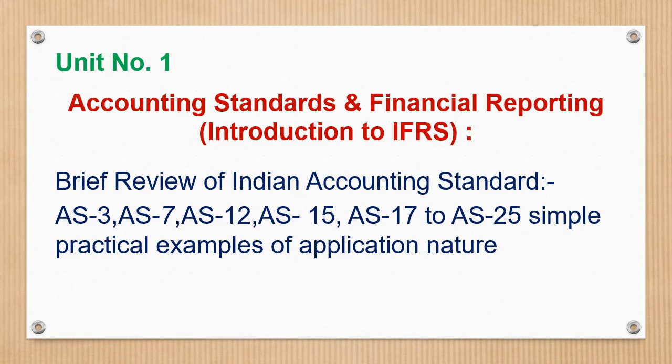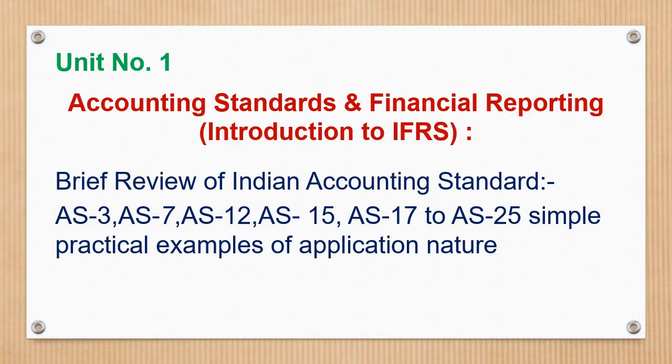In unit number 1, the unit title Accounting Standards and Financial Reporting, Introduction to IFRS. In this unit, we see a brief review of Indian accounting standards. In that, Accounting Standard 3, Accounting Standard 7, Accounting Standard 12, Accounting Standard 15, Accounting Standard 17, and Accounting Standard 25.